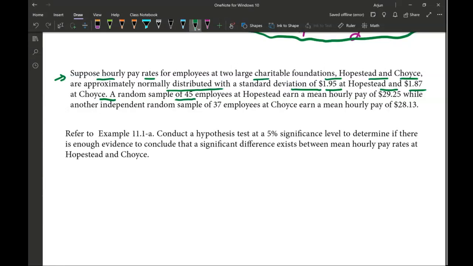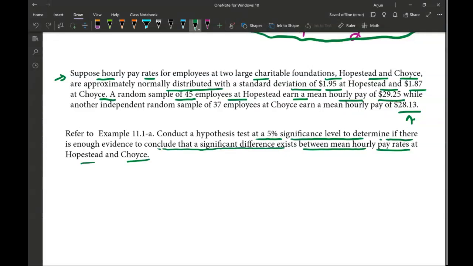A random sample of 45 employees at Hofstede earn a mean hourly pay rate of $29.25, while another independent random sample of 37 employees at Choice earn a mean hourly rate of $28.13. Conduct a hypothesis test at 5% level of significance to figure out if there is enough evidence to conclude that there is a significant difference between the mean hourly pay rate at Hofstede and Choice.